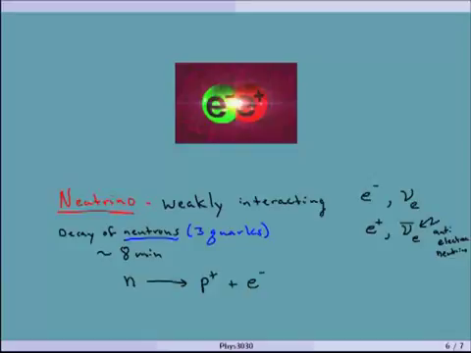Now, this is not the end of the story, but what happened is in the 1930s, people were seeing this decay. And if you looked at the energetics of it, you found out that momentum and energy were not being conserved. Because what you can look at is the speed of the proton and the electron as it comes out, the speed of the neutron as it goes in, and everything should match up, and it wasn't matching up.